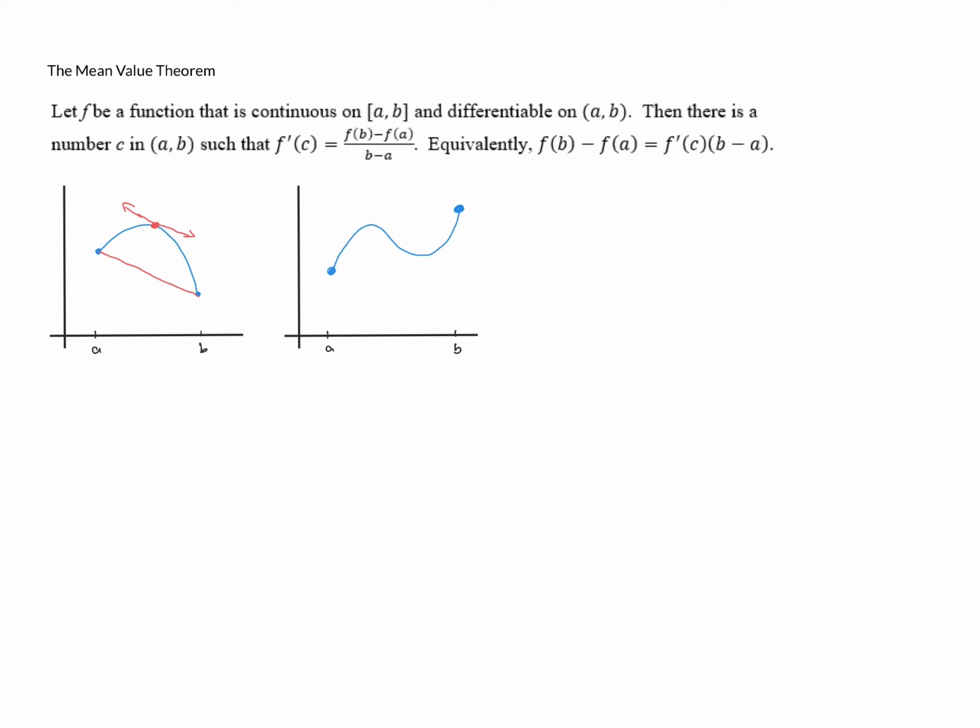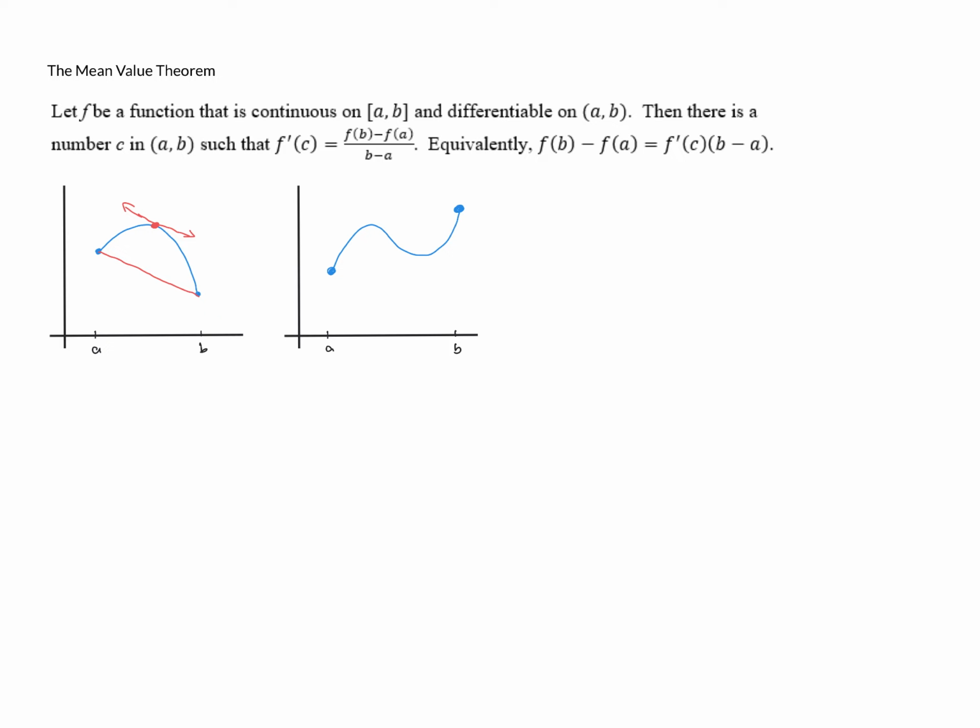Another way of thinking about this, remember that the derivative is the instantaneous rate of change, and the slope of the secant line is the average rate of change over time. So this is saying there is some number in the interval where the instantaneous rate of change is equal to the average rate of change over that interval.